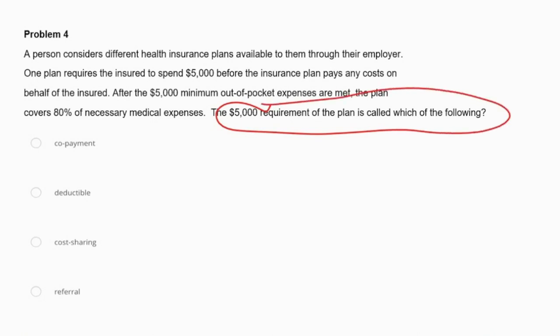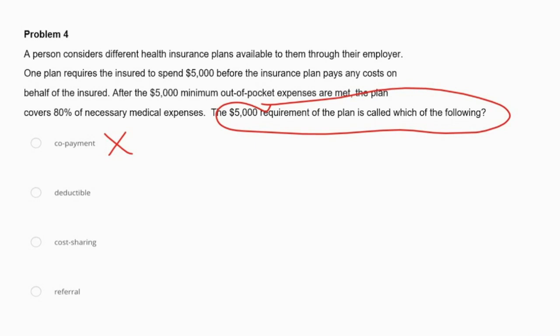The first one we have here is copayment. A copayment is a fixed amount the insured pays for specific services. For example, they may pay $20 per office or doctor visit. So in this case, a copayment would not be the correct answer. Then we have a deductible. A deductible is a term for reducing taxable income.